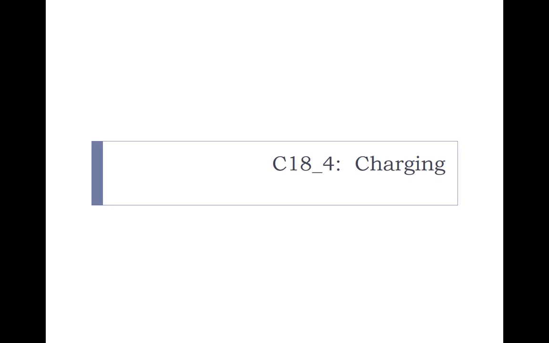So there are two means of something becoming charged. First, we can charge by contact, and that is literally done by taking something that is charged, say a positively charged rod, and touching it to something else.